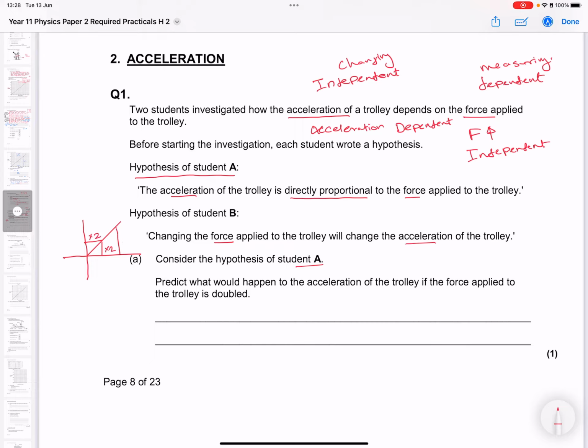If you times that by 4, it is also going to increase by the same rate. That is what directly proportional means. So if the force applied to the trolley is doubled, the acceleration will also double.